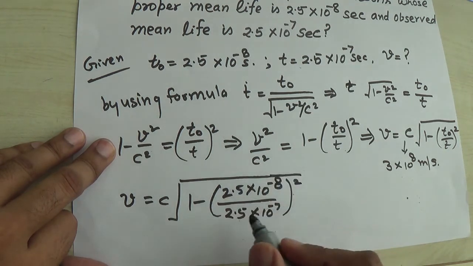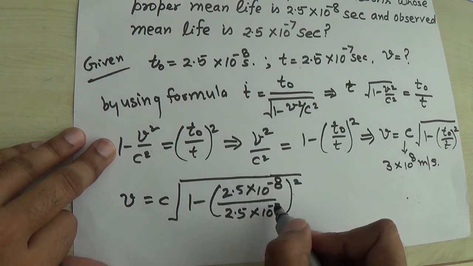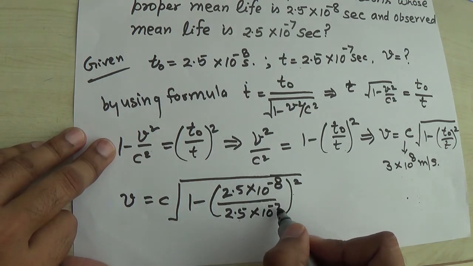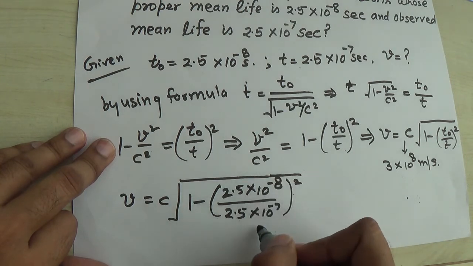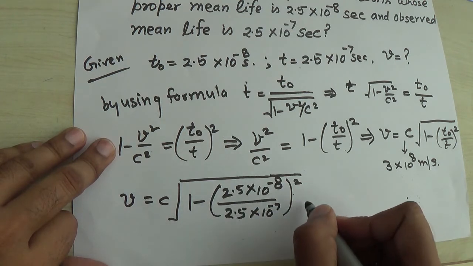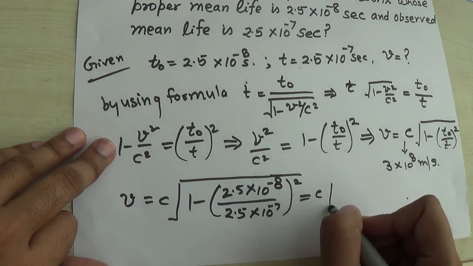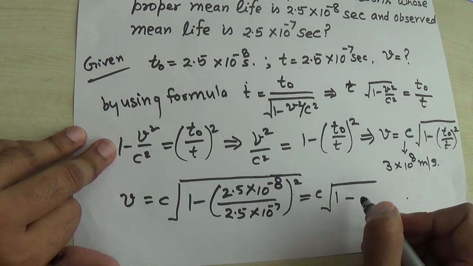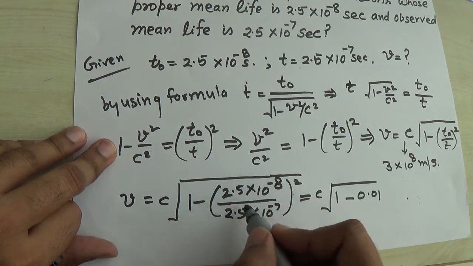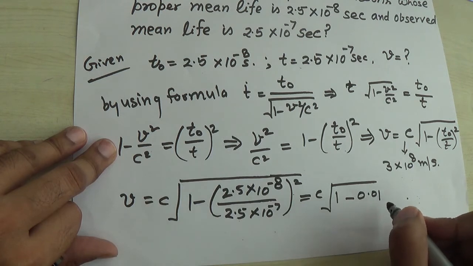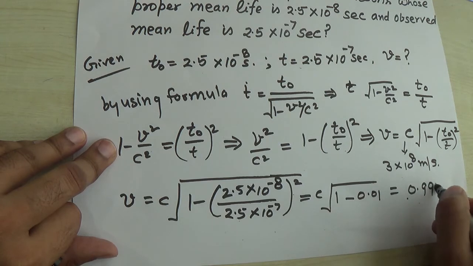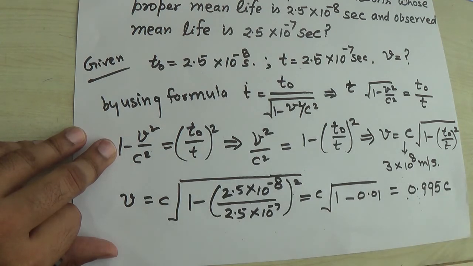And further square of it, this is 10 raised power minus 8, this is 10 raised power minus 7, so if I multiply, this becomes 25 into 10 raised power minus 8, then this factor cancels out, so this is 2.5 and this is 25, so the result is c times square root of 1 minus 0.01 after simplification, and the square root of that becomes 0.995 c, right?